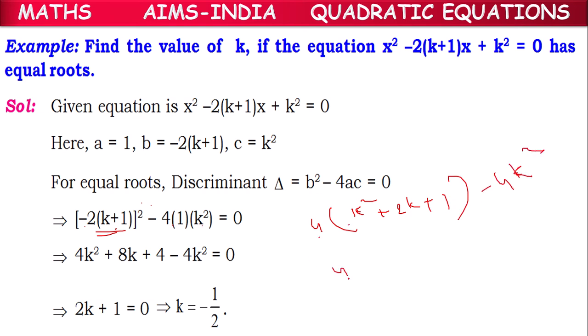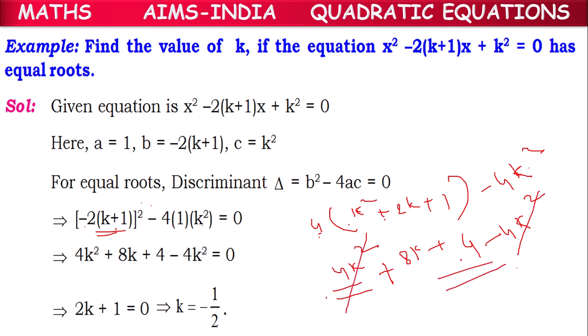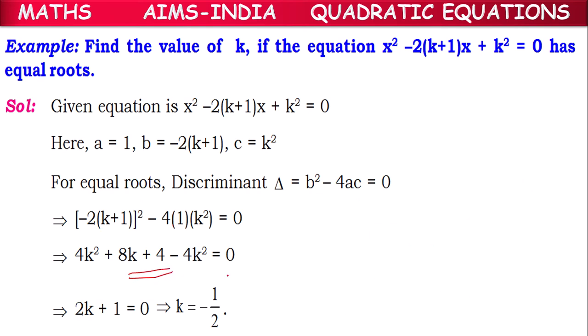If you multiply this, 4 into k square, 4k square, 4 into 2k, 8k, 4 into 1, 4, minus 4k square. So 4k square and 4k square, plus and minus cancel, 8k plus 4 equal to 0.